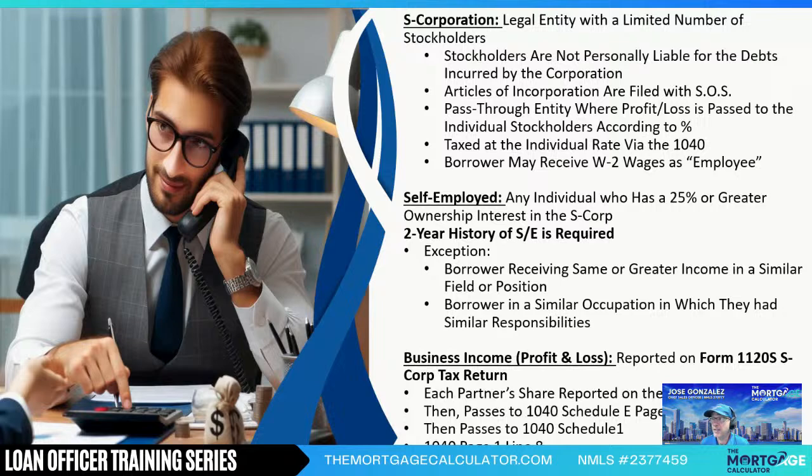Keep in mind that in order to be considered self-employed, the individual has to have at least a 25% or greater ownership interest in the S corp. Less than 25%, they're not considered self-employed.